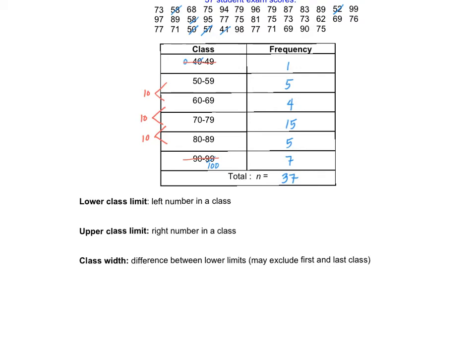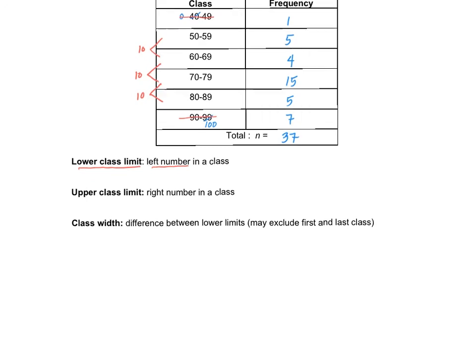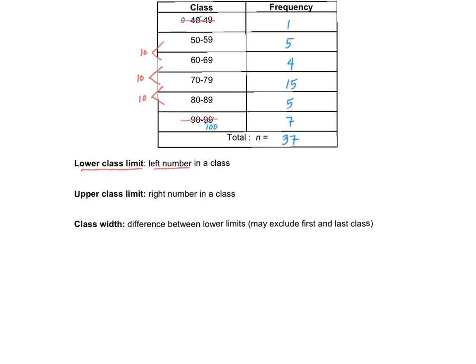So in each class, there are 2 numbers. The lower class limit is going to be the left number in a class. So if I were to list all the lower class limits, it would be 50, 60, 70, 80. And let's assume that I did not cross out the first one. The 40 still counts, and then 90 still counts.